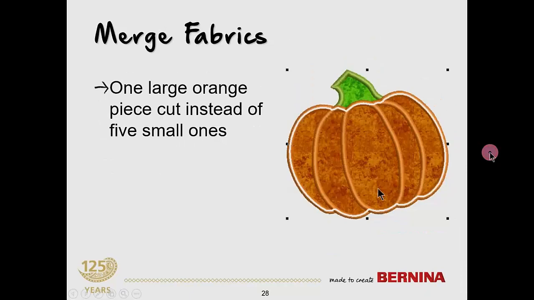So here's what it looks like after it's merged. This fabric, the white line, represents my cutting line for the applique piece. And these stitches are done on top to give the illusion that I have 5 small pieces instead of the one large one.